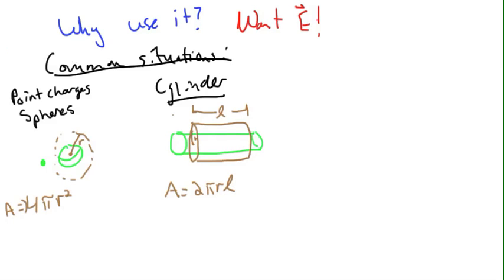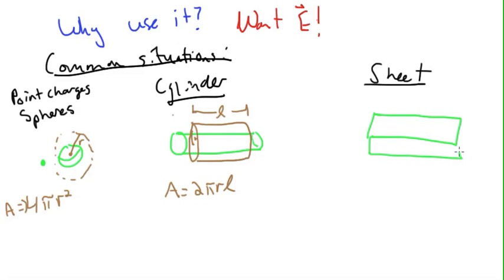And then the last is the sheet, an infinite sheet. This will be something that looks like a rectangle that has some thickness, so it's a slab of charge. Usually the Gaussian surface is either a cylinder facing the other way, coming out here, or you could draw a rectangular box.